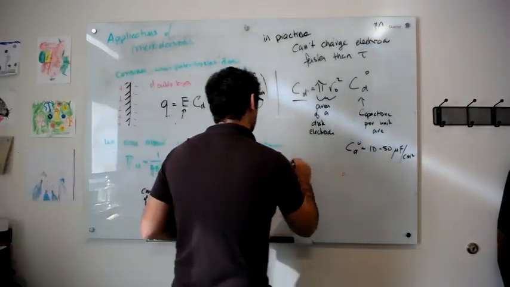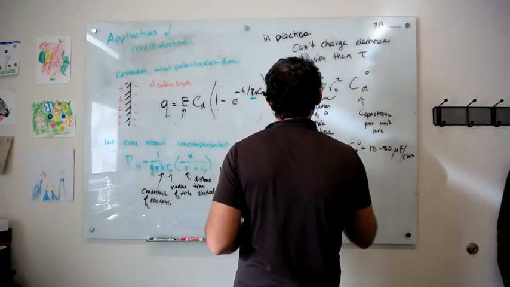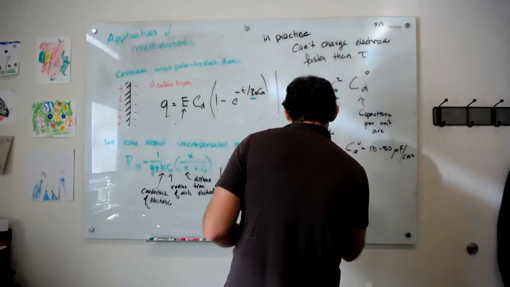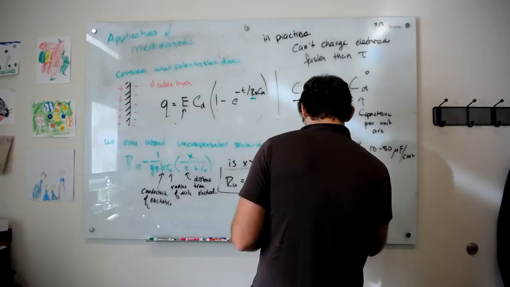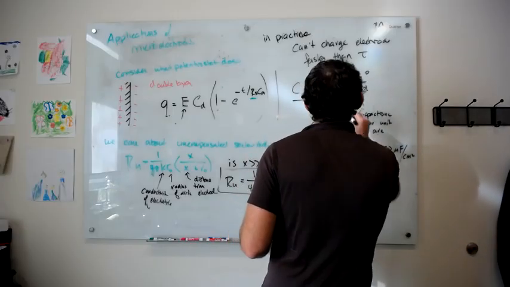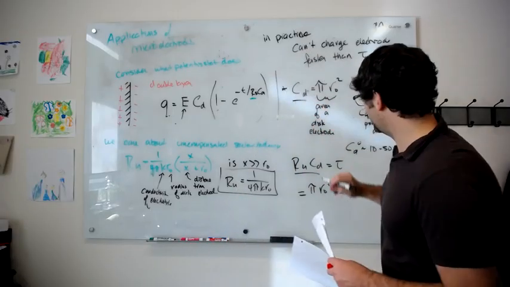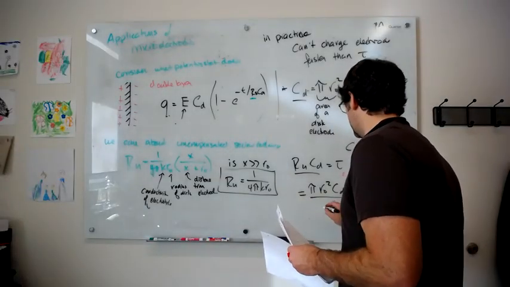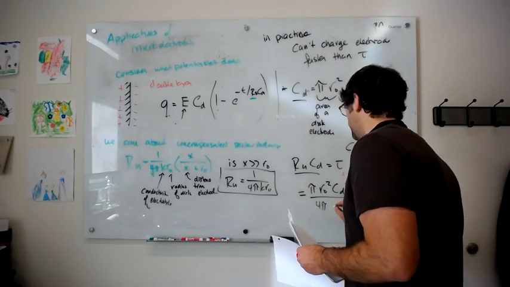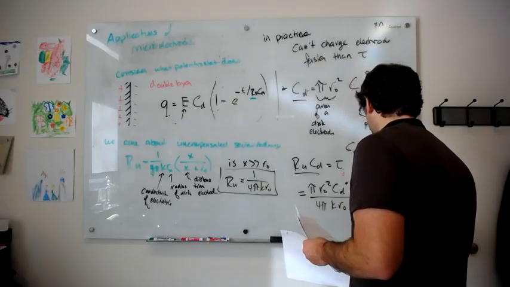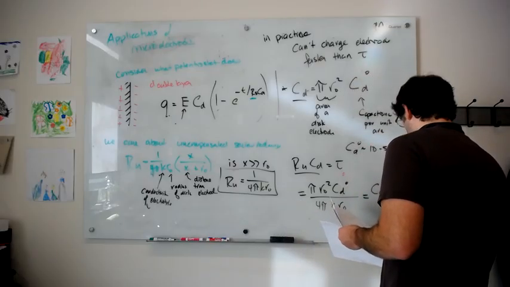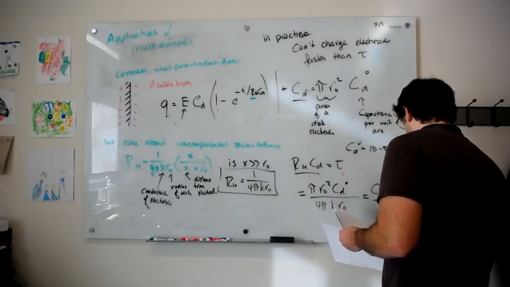And I can calculate Ru CD, the time constant for this cell, as pi R naught squared CD naught, this equation for the capacitance, times the uncompensated series resistance, 1 over 4 pi kappa R naught. Cancel terms and get CD naught R naught over 4 kappa.